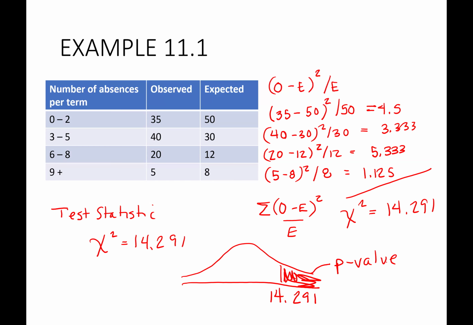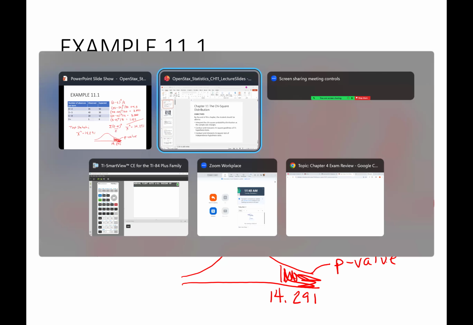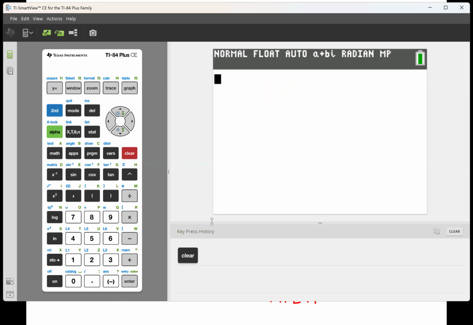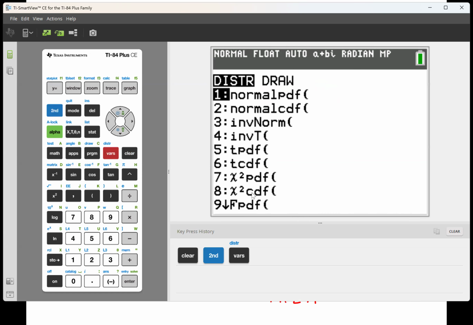Okay, so we're going to find the chi-squared distribution in the distribution menu in our calculator. So let's go over to our calculator. I'm going to go to my distribution menu, which we haven't used in a while, but the chi-squared is number 8. A chi is the Greek letter chi, and it kind of looks like a squiggly X, but it's number 8.